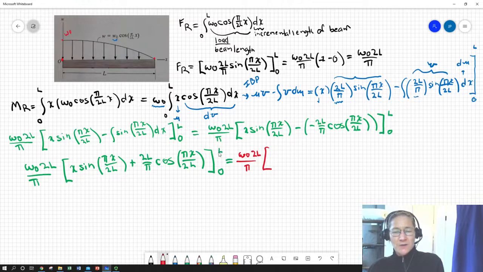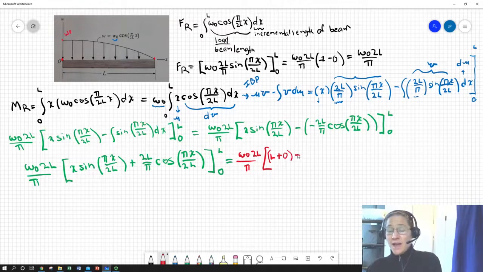So if I drop L in for x, for my first term I'm going to get L times sine of pi over 2 times L over L, which is 1. And then I'm going to add L in this term, so I will end up with an L over L, which is 1, which leaves cosine of pi over 2, which is 0.